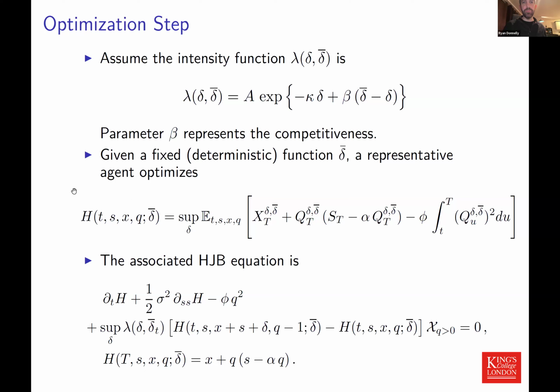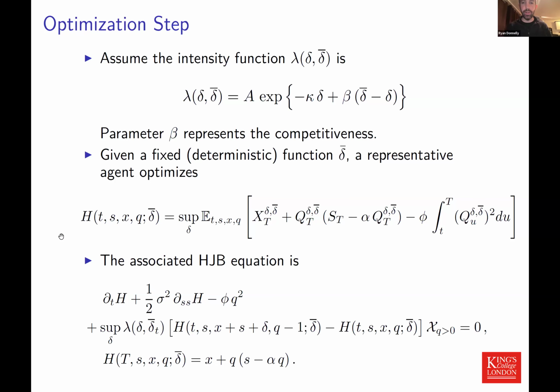So if we fix a deterministic mean spread process delta bar, then we just end up with a standard dynamic optimization problem. When the mean spread is fixed, all we're looking for now is the pricing strategy for a representative agent.